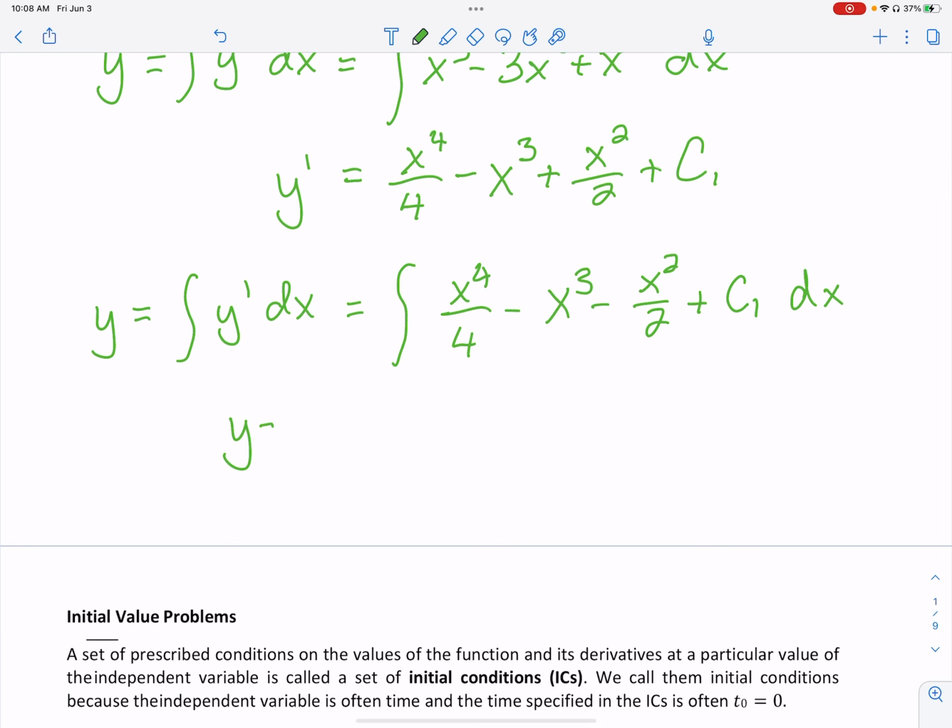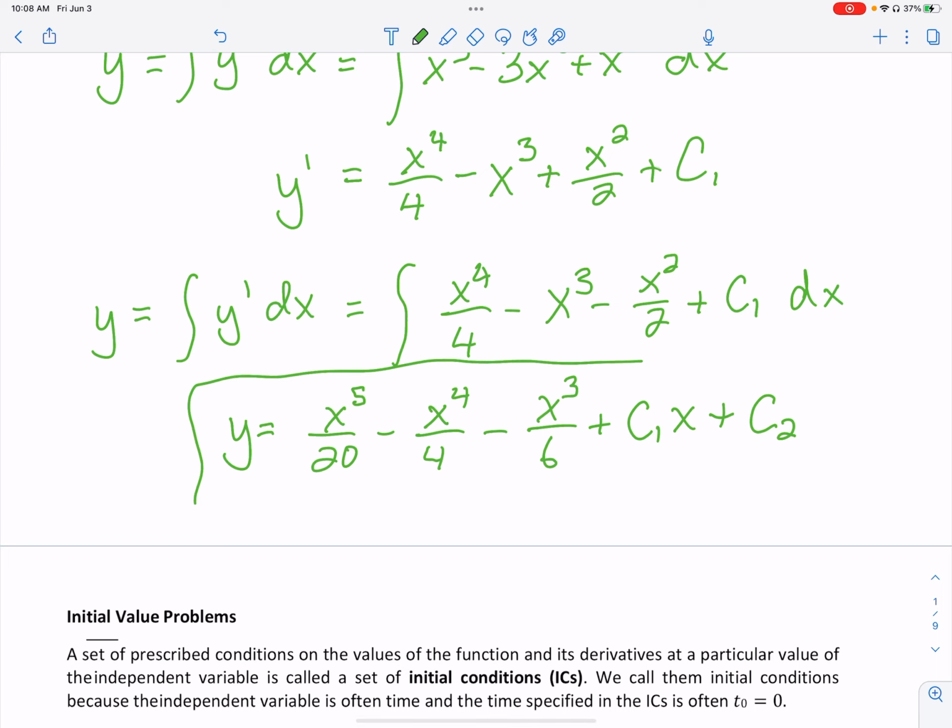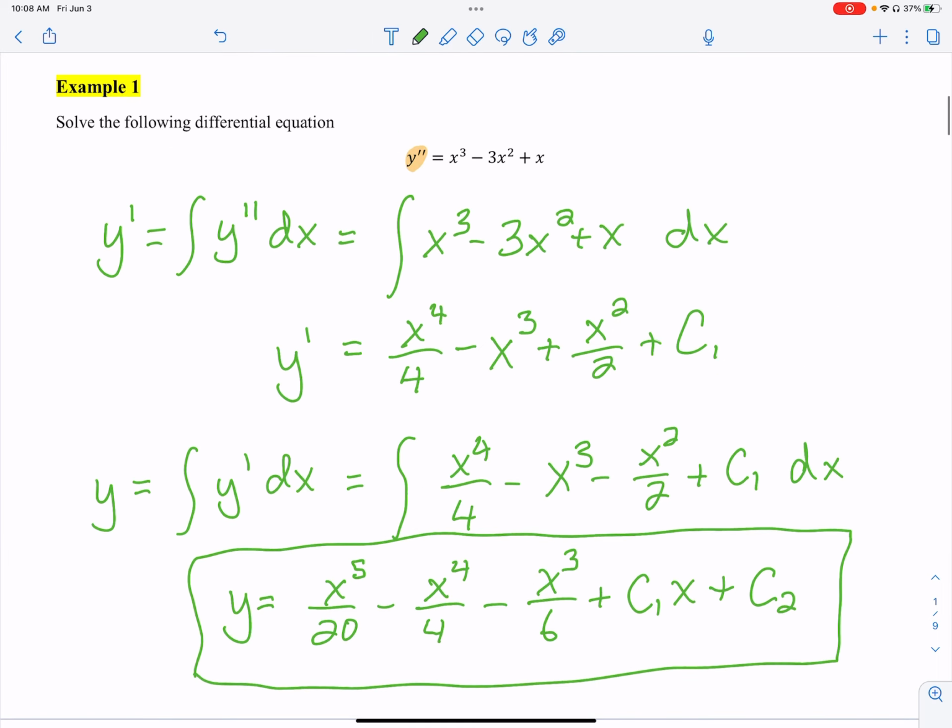So to get y, I take my integral: x to the 4th goes to the 5th, divide by the new one, and I multiply what's at the bottom, so it's 20, minus x to the 4th over 4, minus, I raise to 3, and then I divide by the new one. This is the tricky part where students mess up. That's a constant, so it gets an x, and then I get a c2. There is my solution.